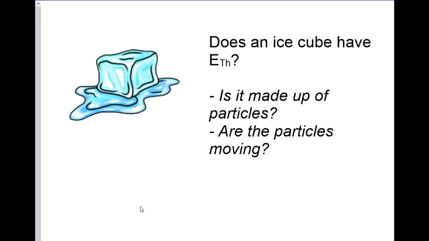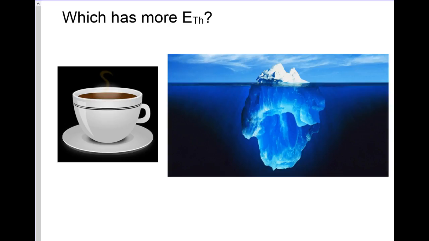So I've given you two examples. I've given you the coffee example, and I've given you the ice example. So what if I put the two together like this and said, which one do you think has more thermal energy? A cup of coffee, for example, what's sitting out in front of you, or an iceberg?